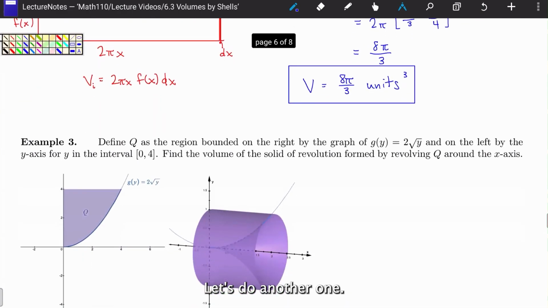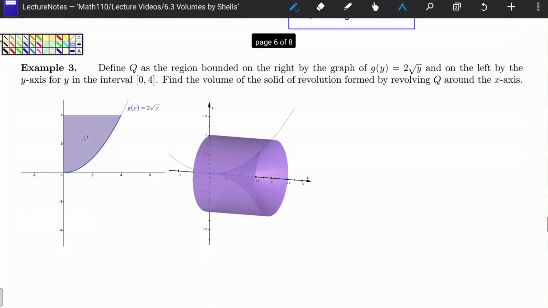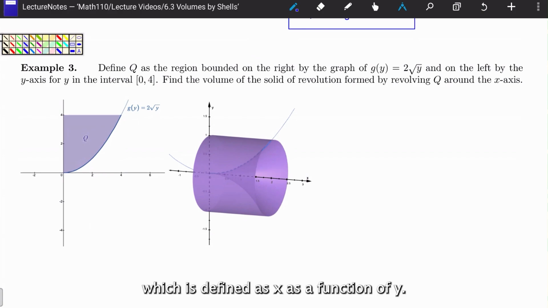Let's do another one. This setup is, we're rotating a region Q, which is defined as x as a function of y, and we are rotating around the x-axis this time. So we could do this by slices.